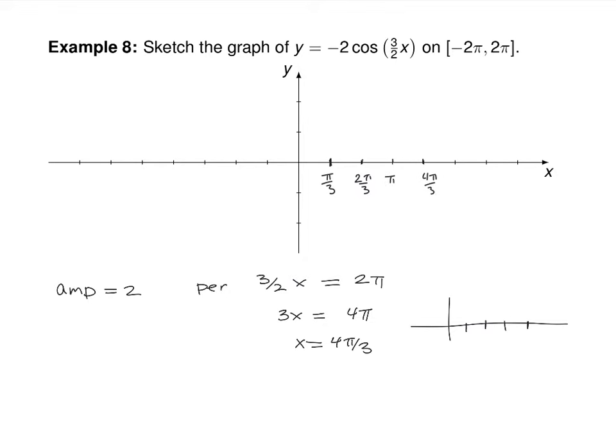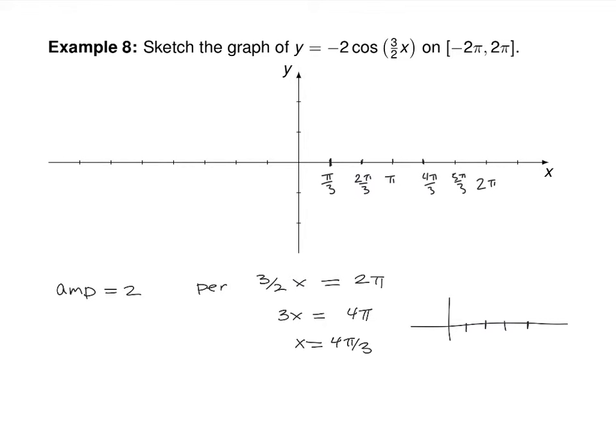Do you see how you're just counting by thirds? We got a third, 2 thirds, 3 thirds, 4 thirds, 5 thirds, 6 thirds. What would 6 thirds reduce to? I should have reduced it. 2 pi, yep.